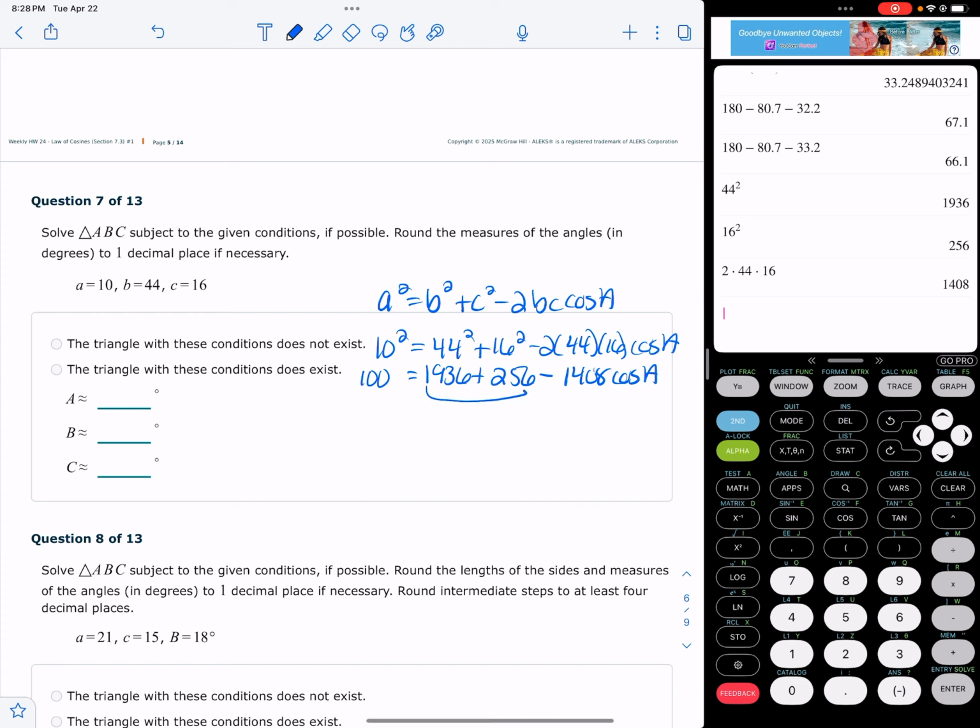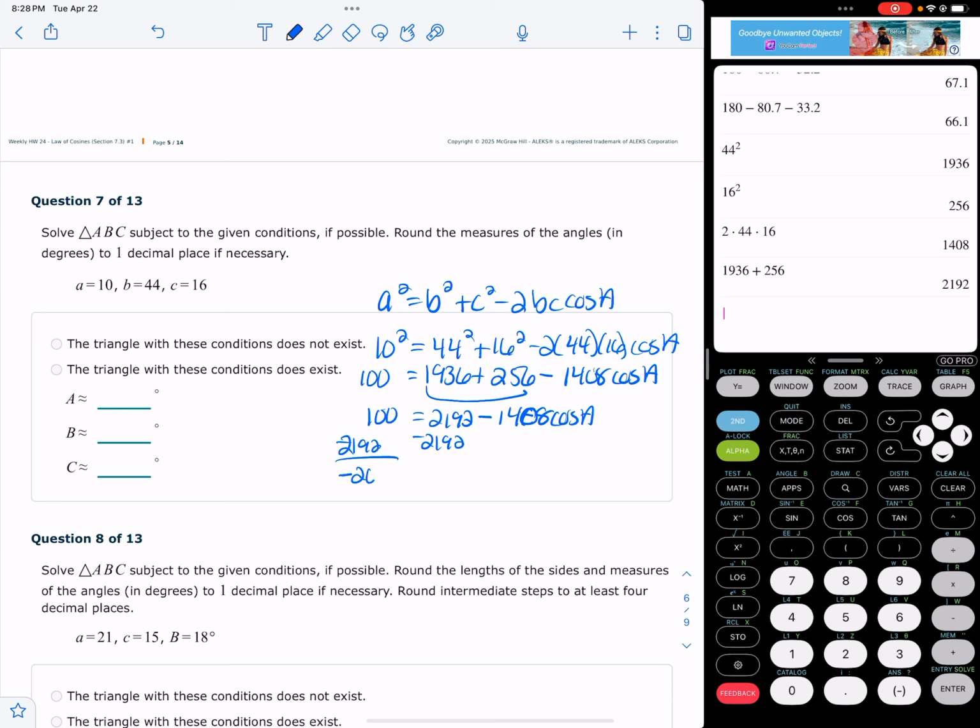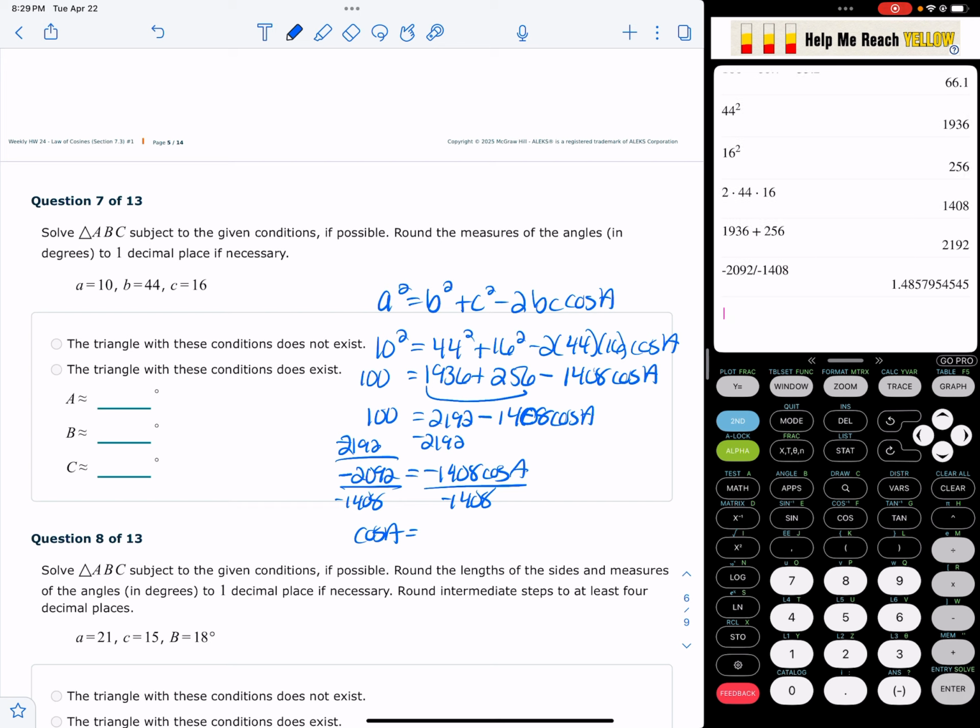So we're going to combine these. Divide.